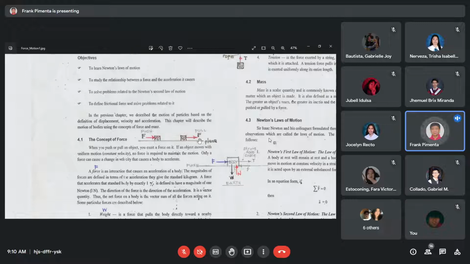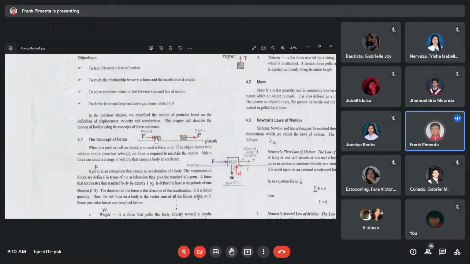So in this figure, we can establish a simple definition of a force. It is either a push or a pull acting on the body. Why acting on the body? If you are the person who wants to push or apply a force on this body so that it will change its position, his or her hand must be attached to the object.